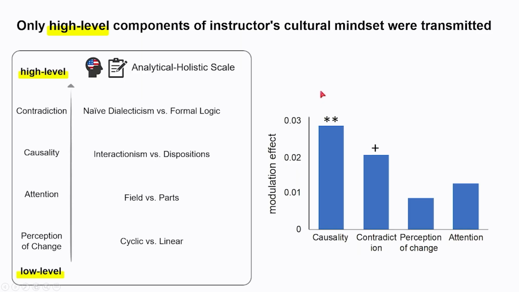And further, as we mentioned before, the analytical holistic scale has 4 dimensions from low-level perception and attention to high-level semantic schema processing, and we conducted a more detailed modulation analysis on each dimension separately. We found only at the causality and contradiction dimension of the AHS scale, the modulation effect was significant, and this result also means that during intercultural learning, only the high-level component of the instructor's cultural mindset was transmitted.